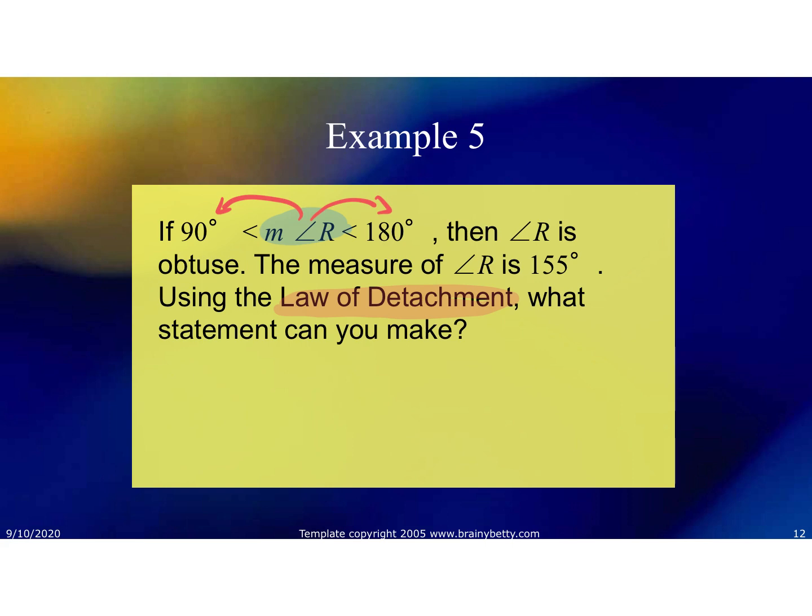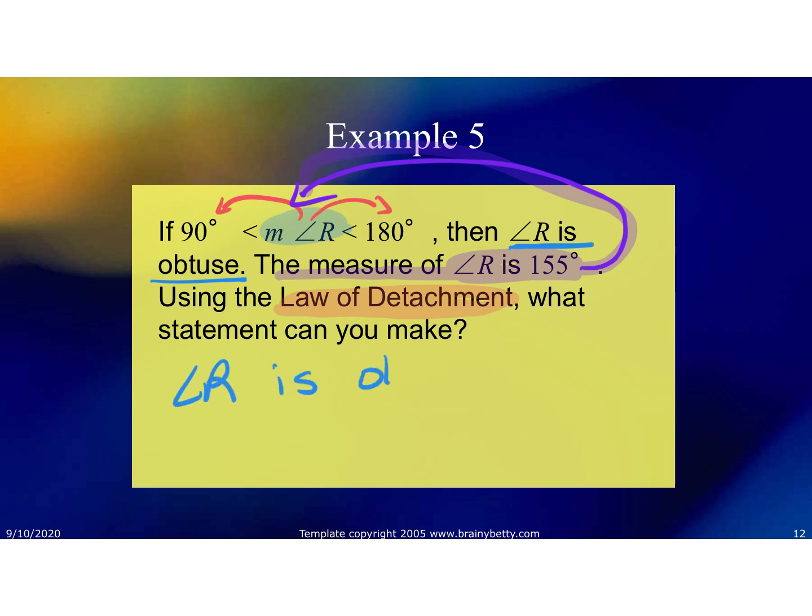This is the definition. So the statement they're making, they're telling us that the measure of angle R is 155 degrees. They want to know what conclusion we can make based off of that statement. Well, because angle R being 155 satisfies this hypothesis, and it's true because it is between 90 and 180, the conclusion we can make is that angle R is obtuse.